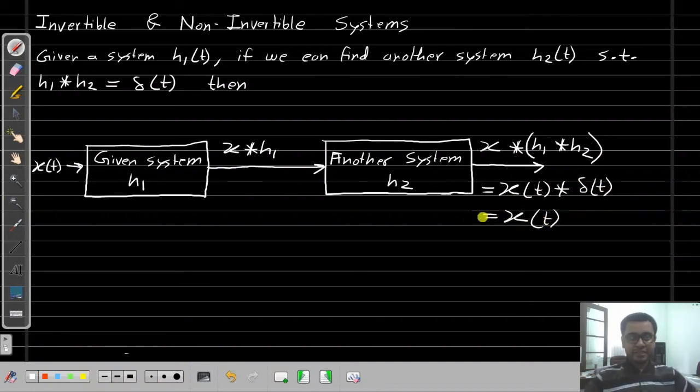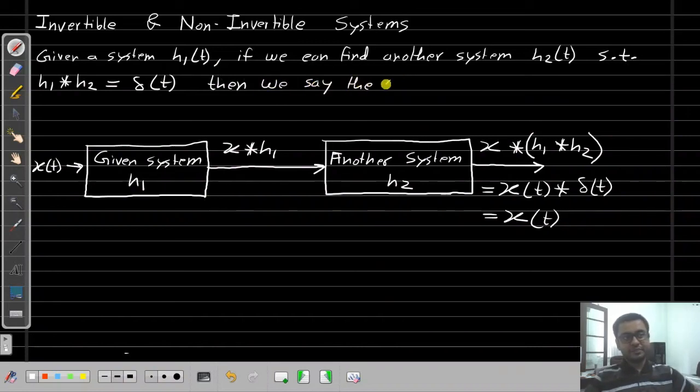So that means whatever input you give, you get the same thing as the output. So whatever modification the first system does, that is undone by the second system. So we will call the second system the inverse of the first system, and we will say that this system is invertible.